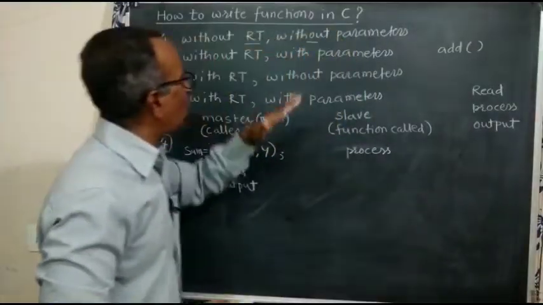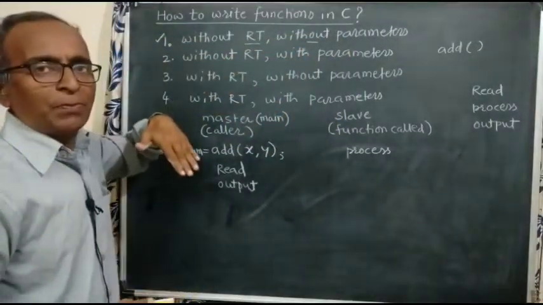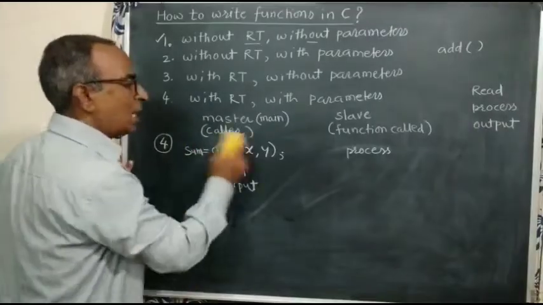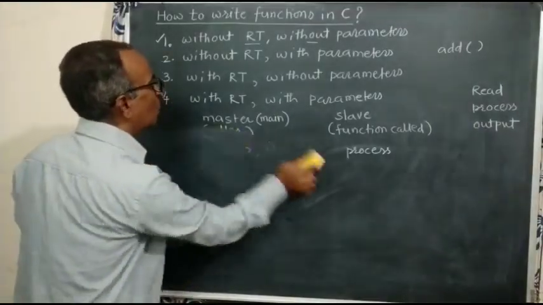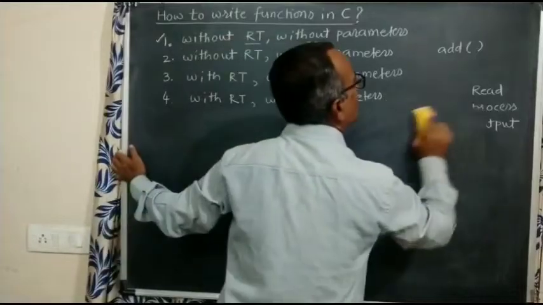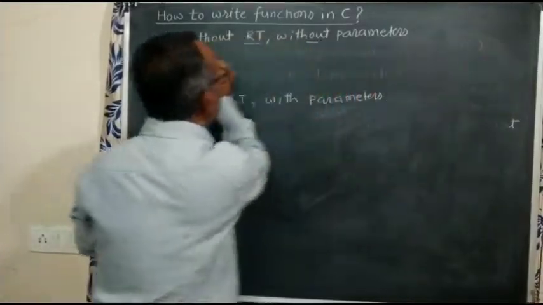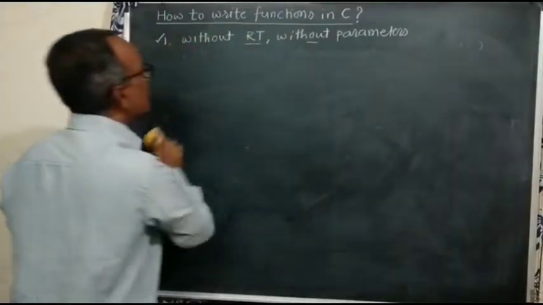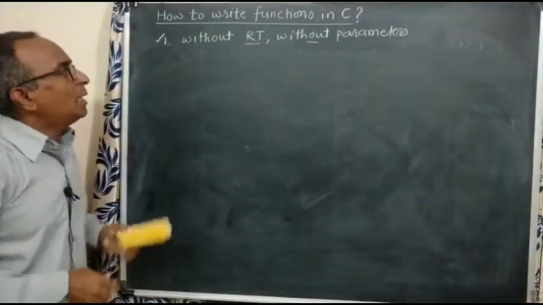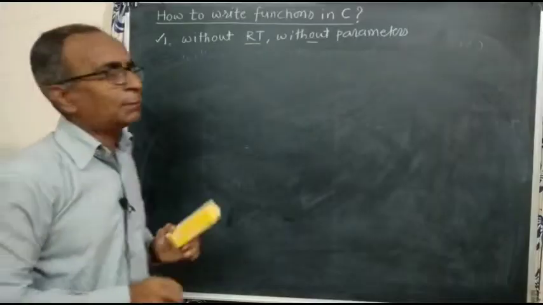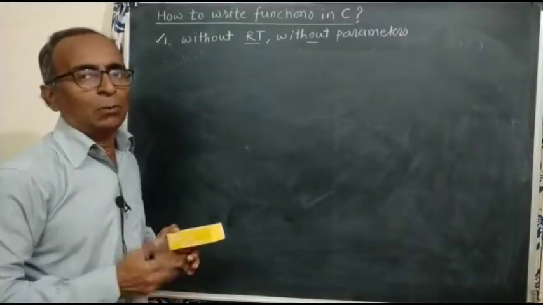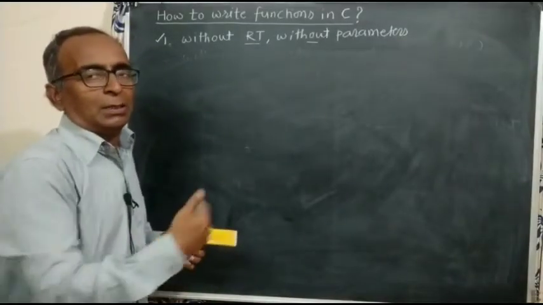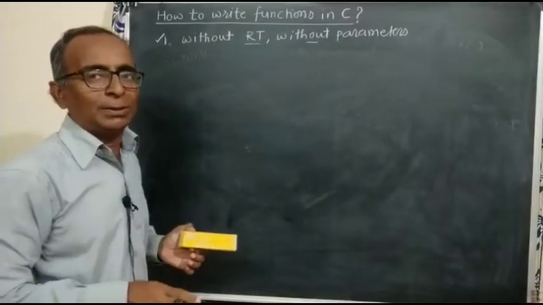So we will see these four ways, how to write this add function. I'll write a program for these four types, how to think and how to write. We will see first without return type, without parameters for this addition. What I am saying here is, I am just calling slave to add two numbers.